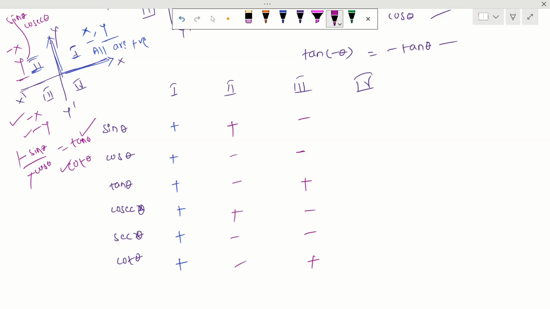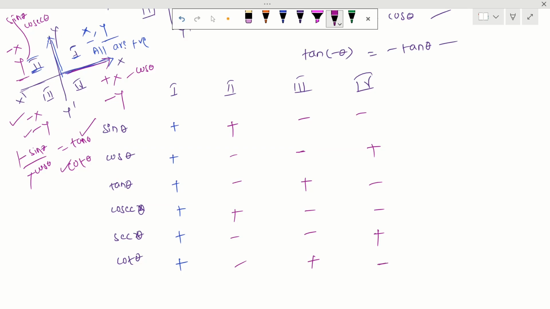Now come to the fourth quadrant. In the fourth quadrant, the x-axis is positive on this side and the y-axis is negative. X means cos, so cos theta is positive. The reciprocal of cos theta is secant theta, so secant theta is positive. Cos theta and secant theta are positive and the remaining are negative.